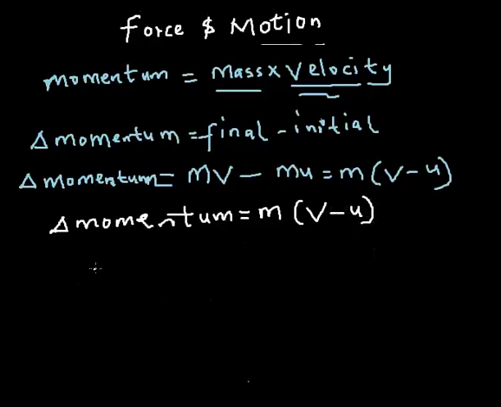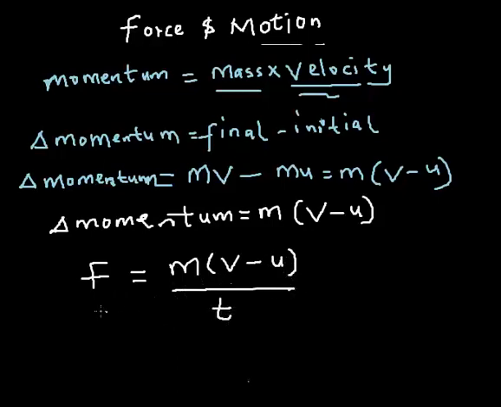According to Newton's second law, the rate of change in momentum is proportional to the applied force. The rate in mathematics is always with respect to time. Whenever you express a quantity as a rate, you are dividing that quantity by time. So the rate of change in momentum is the change in momentum divided by time, and it is proportional to the applied force. Invariably it is equal to, meaning the constant of proportionality is 1.